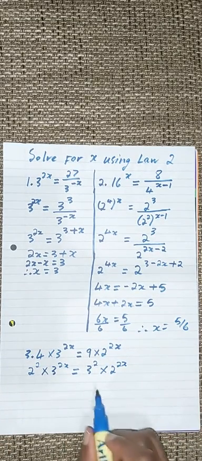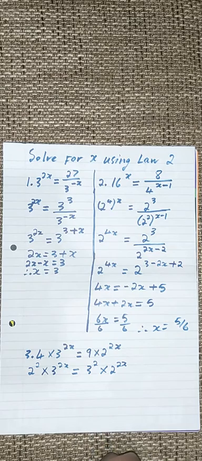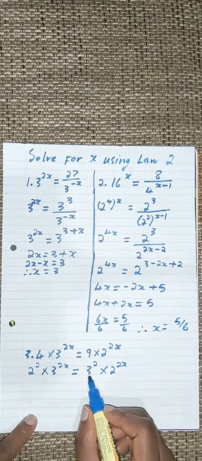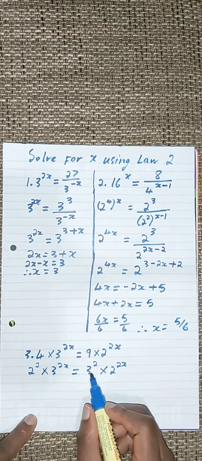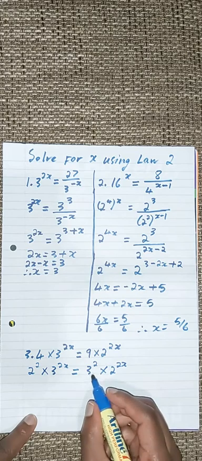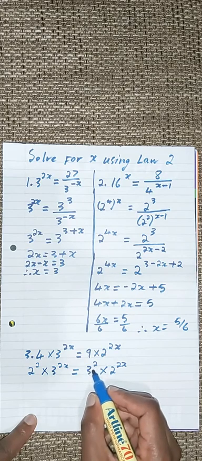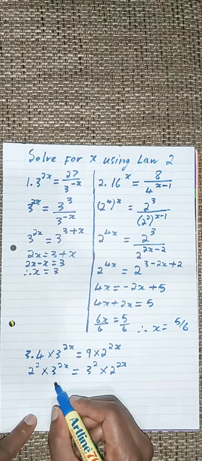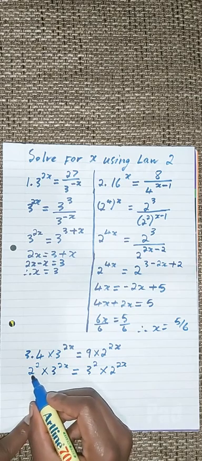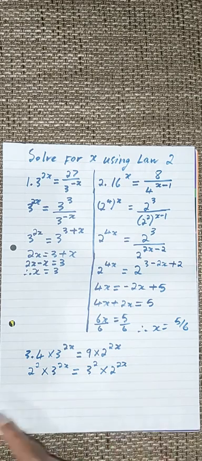Now that I have similar bases, I'm going to group them together, okay? I will divide by 3 to the power of 2 on this side, and then I will divide by 2 to the power of 2 on this side, or vice versa.